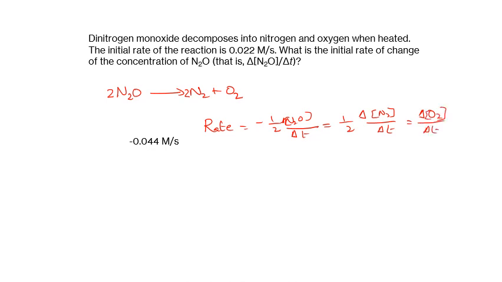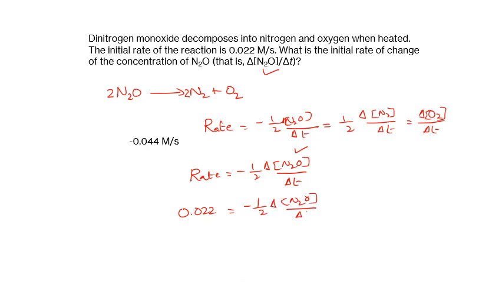We have to consider only N2O because that's what the question is asking for. So the rate is given, which is 0.022, that equals negative 1 over 2 change in concentration of N2O divided by change in time.